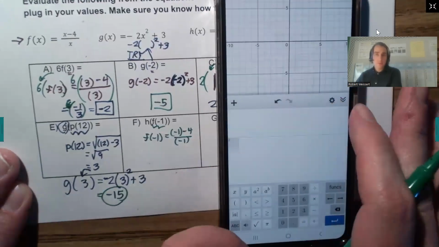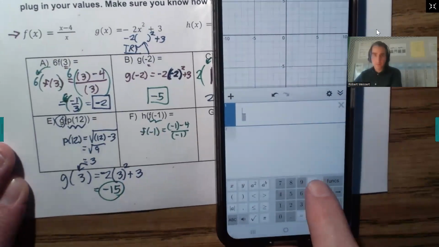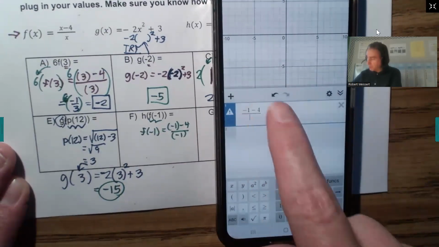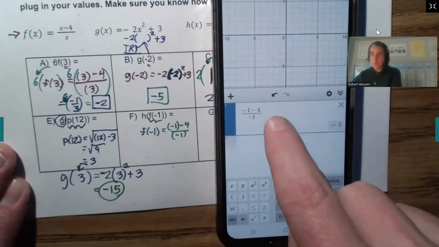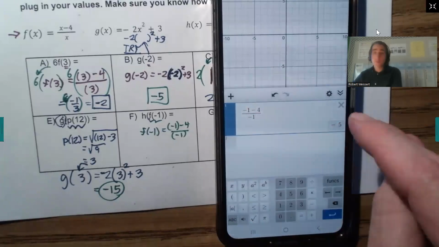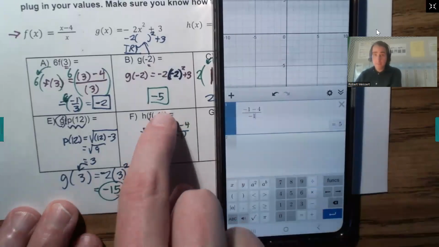What we'll do on Desmos, if I want to plug that in without thinking about it, is I'll hit the division bar first. And then I'll do negative 1. I'm going to leave off the parentheses. They're not really necessary for this type of function. And you're going to see negative 1 minus 4 is negative 5 divided by negative 1 is positive 5.